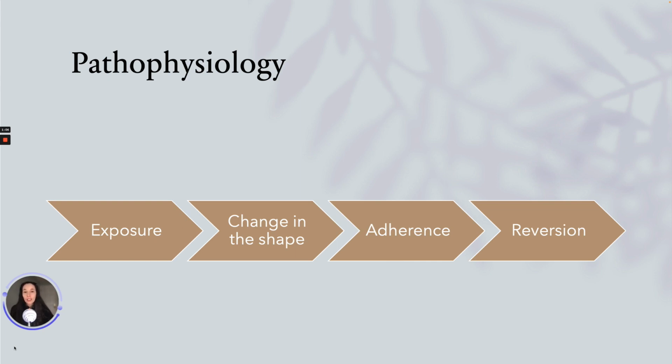And then adherence: these long, rigid erythrocytes can adhere to the endothelium of small vessels. When they adhere to each other, blood flow to the region or the organ is reduced. And then reversion: if the erythrocyte is again exposed to inadequate amounts of oxygen before the membrane becomes too rigid, it can revert back to a normal shape.